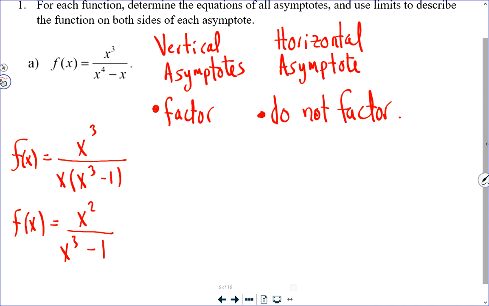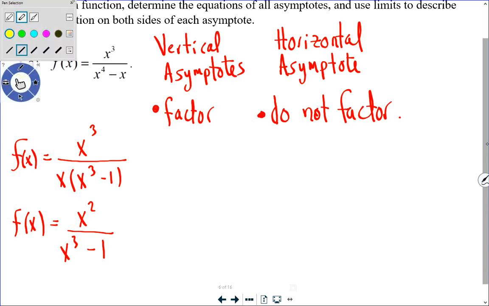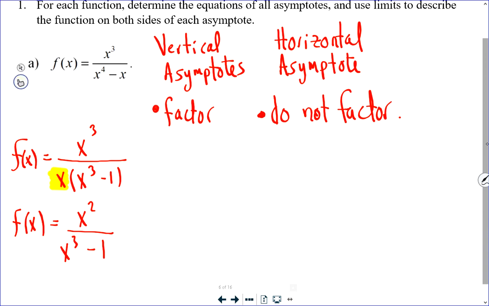Now, just because I canceled that x doesn't mean I'm allowed to use x equals 0. This x had a non-permissible value associated with it of 0. We've canceled that x, the non-permissible value is still there, but we don't care about it today because that non-permissible value of 0 is where there's a hole.